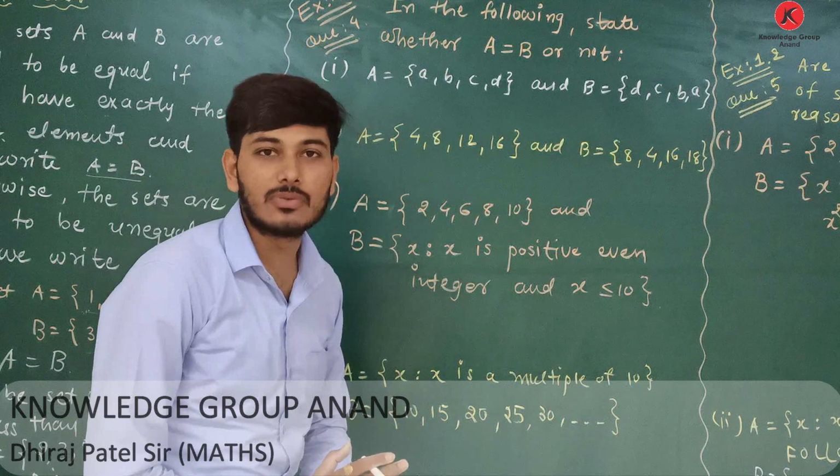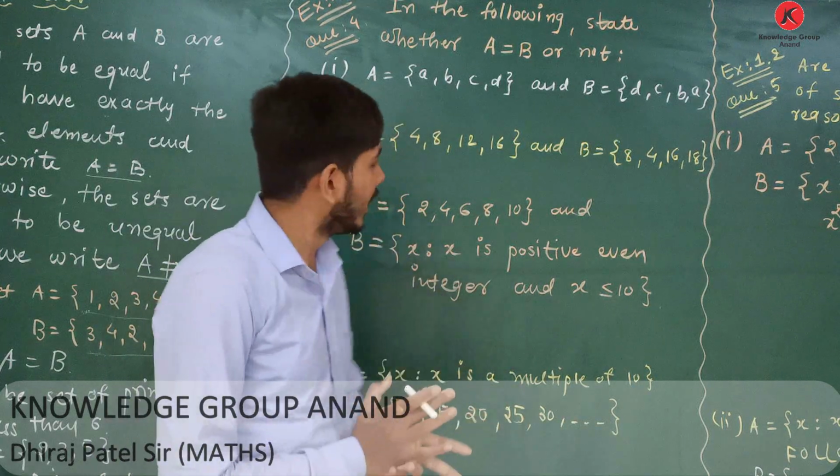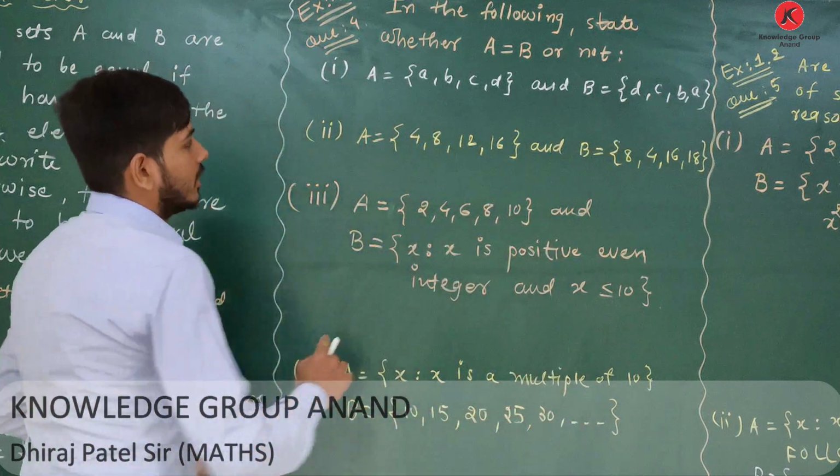The order of elements in a set is not important. Okay. The set B equals D, C, B, A. Now see here.